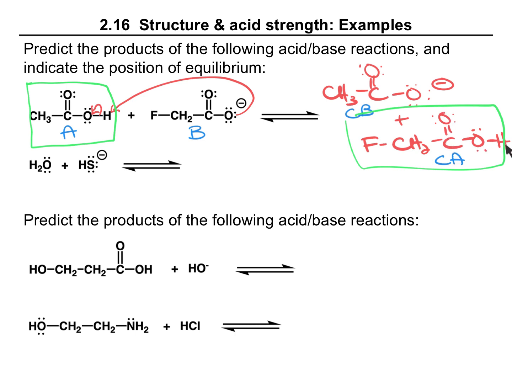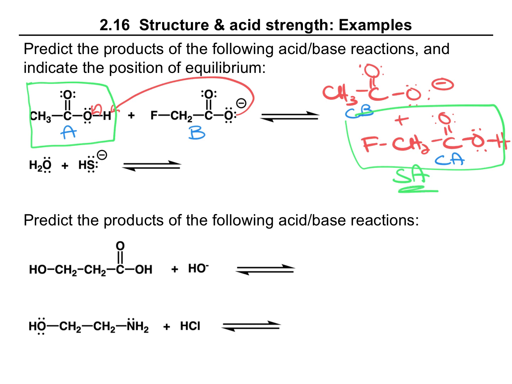Here we have a CH3, and here we have a CH2, and then instead of a hydrogen, we have a fluorine. Well, we know that fluorine is very electronegative, so this is going to be pulling electron density away from this carbon, which is going to be trying to pull away from the rest of the molecule, which is going to weaken this oxygen-hydrogen bond, making it easier to break, which means this is going to be the stronger acid.